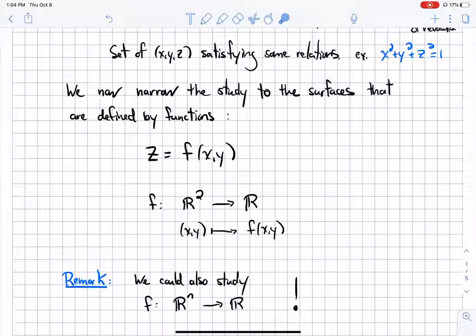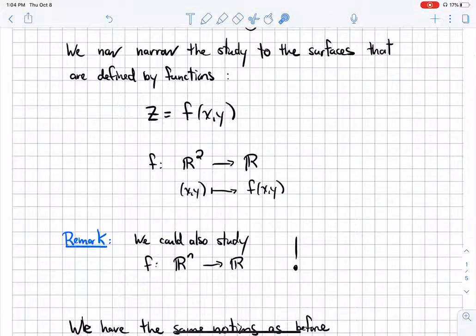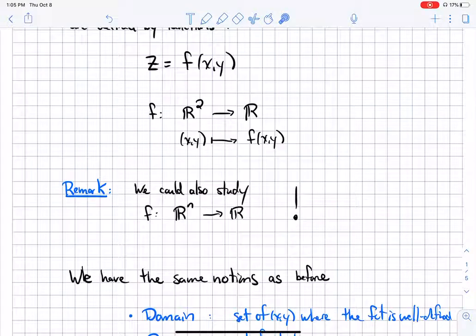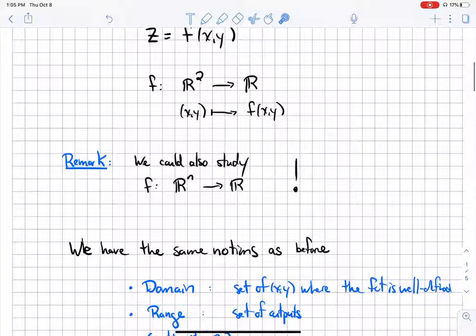But there's nothing that prevents us, and actually the calculus works as well, to study functions from Rn to R, so functions of n variables to R. Everything I'm going to say works there. It's just a bit more awkward to graph this function in 3D, because I need n plus one dimensions: n dimensions for the domain, the input, and one dimension for the output.